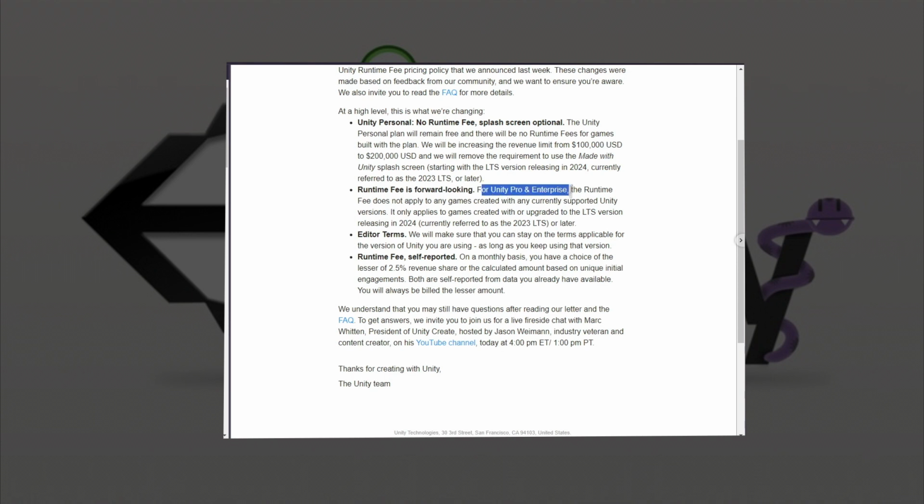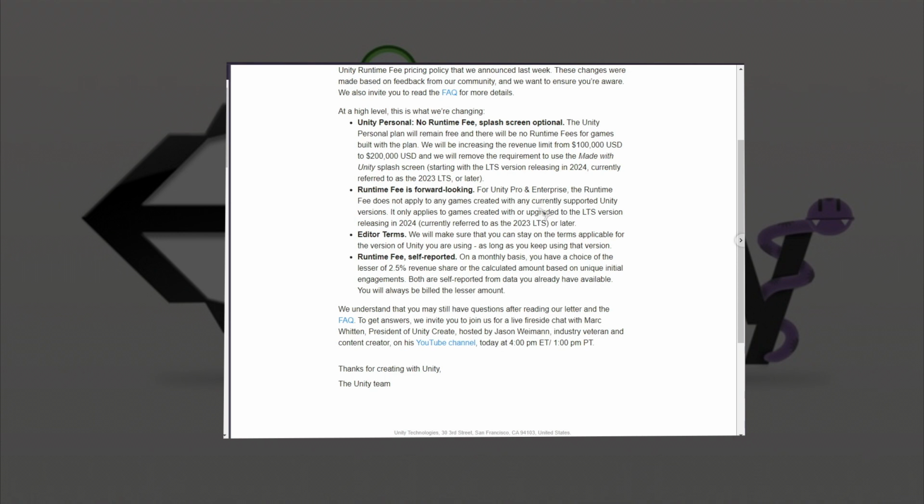For Unity Pro and Enterprise, the runtime fee does not apply to any games created with any currently supported Unity versions. So this is also interesting. So not only for Unity Personal, but also for Unity Pro and Enterprise, the runtime fee does not apply to any games that are created with a currently supported Unity version.